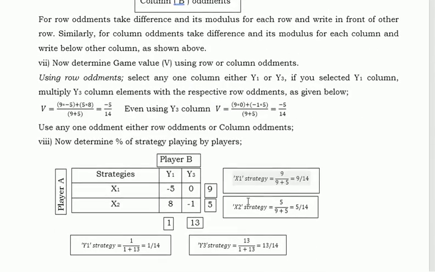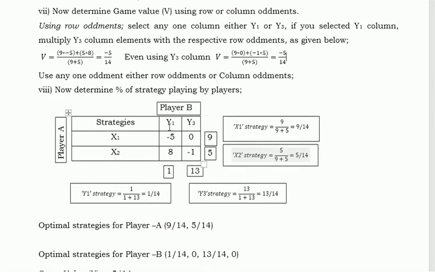Next, what is the percentage of each strategy? For x1, oddment 9 divided by the summation of oddments, that is 9 by 14. For x2, oddment 5 divided by the summation of oddments, that is 5 by 14. Similarly, for the y1 strategy, oddment 1 divided by the summation of oddments, and 13 divided by the summation of oddments.